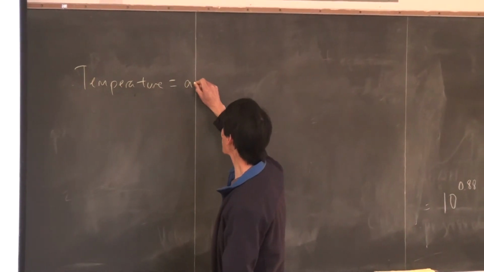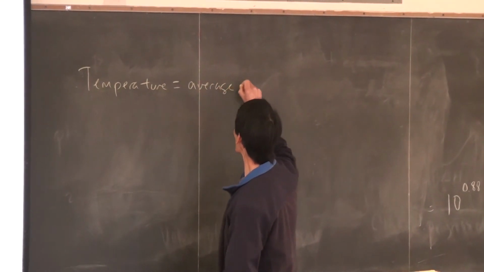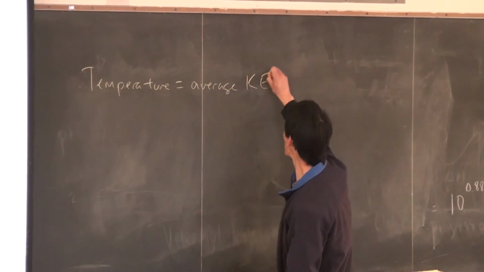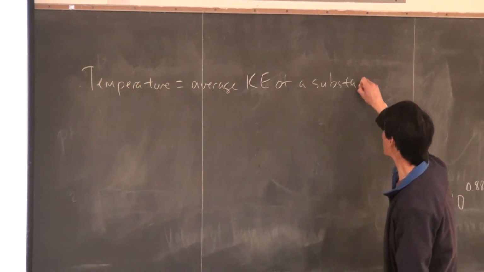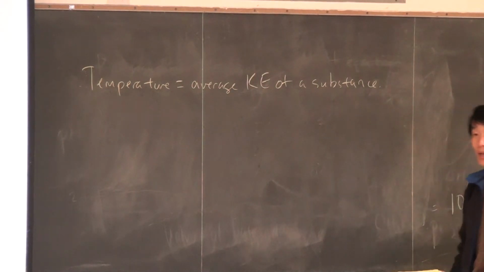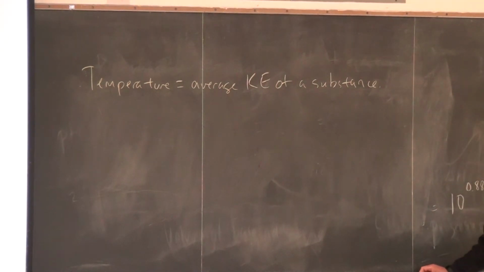So we can say this is the average kinetic energy of a substance. So on a hot day, the air molecules are moving faster than on a cold day.